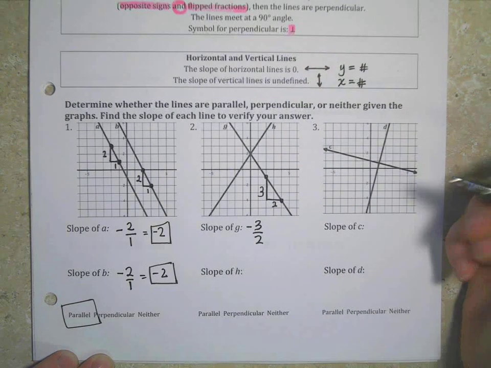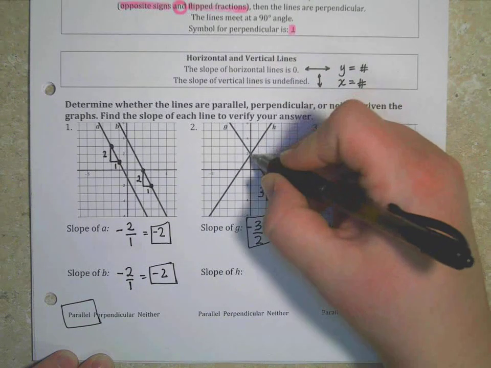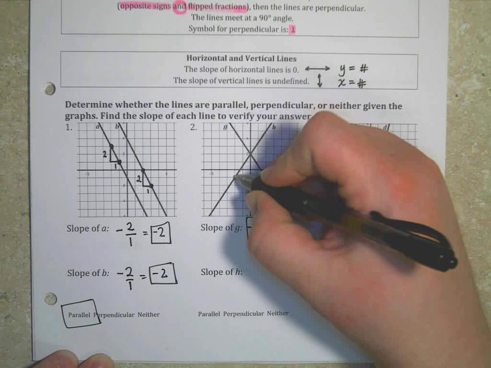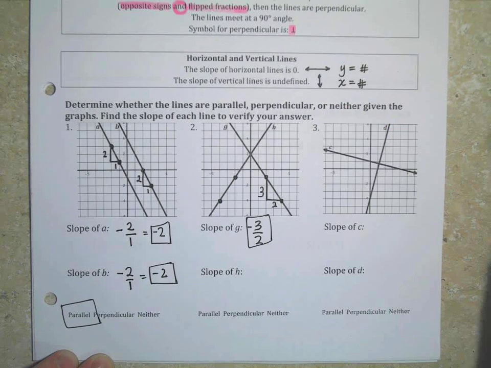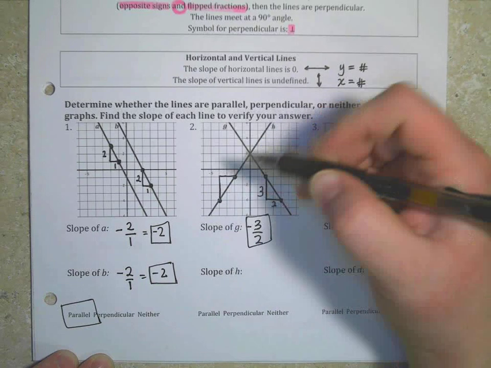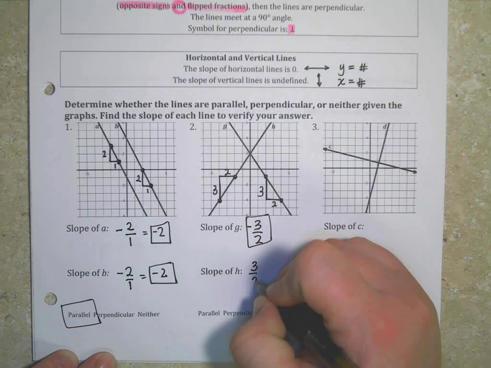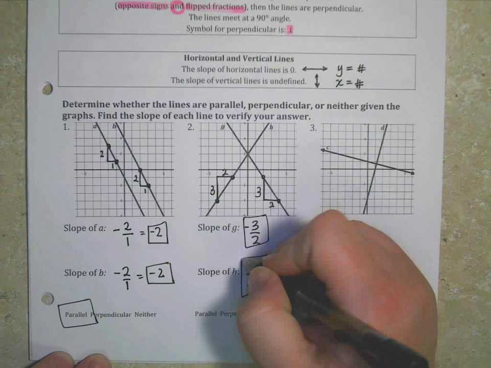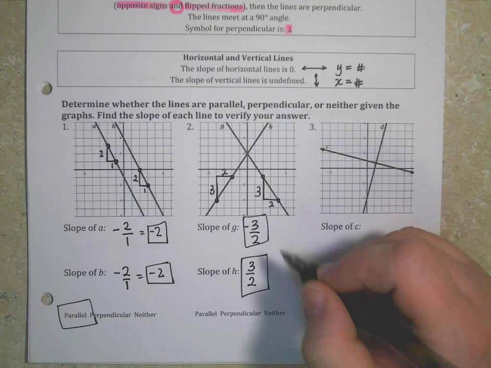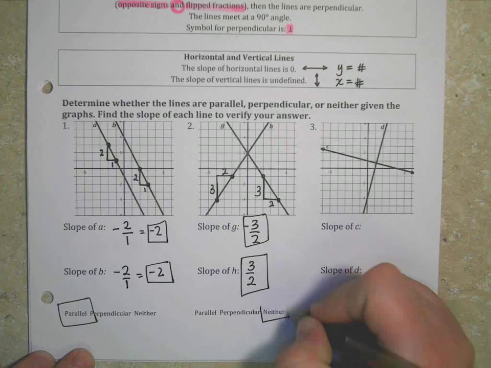And -3/2 is simplified. So now let's look along H until we find some pretty points. Oh, there's one. There's one. So in this case, I go up 1, 2, 3, right 2. So the slope of that is 3 over 2. So those have opposite signs, but the same number. So that does not meet our criteria for perpendicular, so this one is neither.